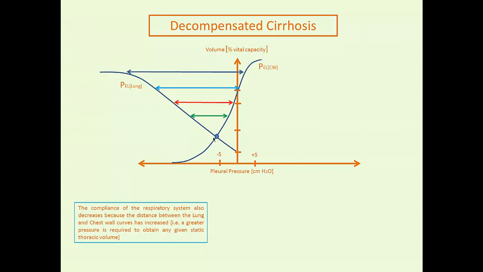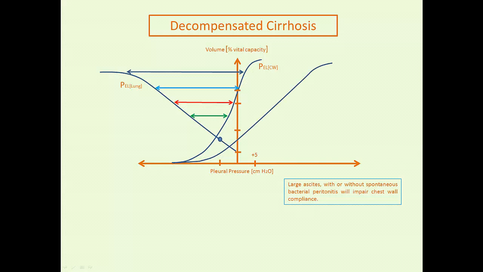So in this patient, to move from functional residual capacity upwards to this new thoracic volume, it is this green arrow that indicates the amount of pressure that must be generated by the muscles of inspiration to achieve that volume. And you can see, comparing it to the normal state, which began this slide, that this is increased.